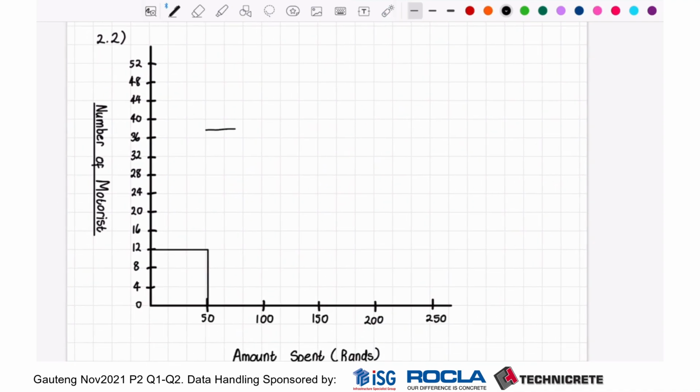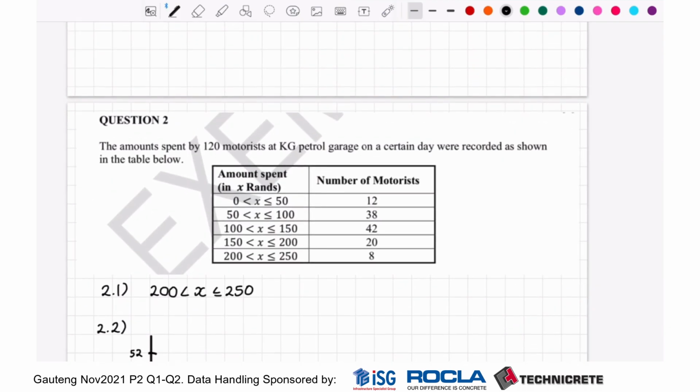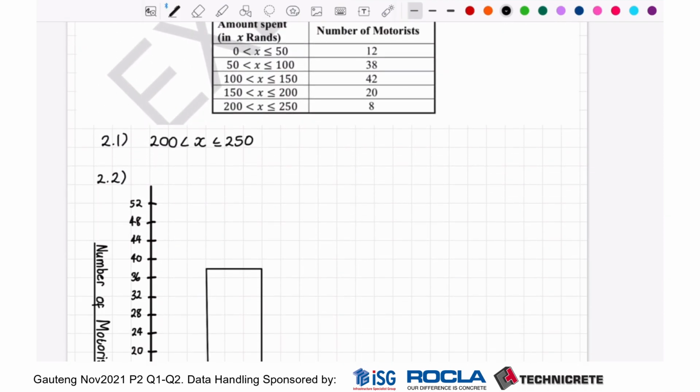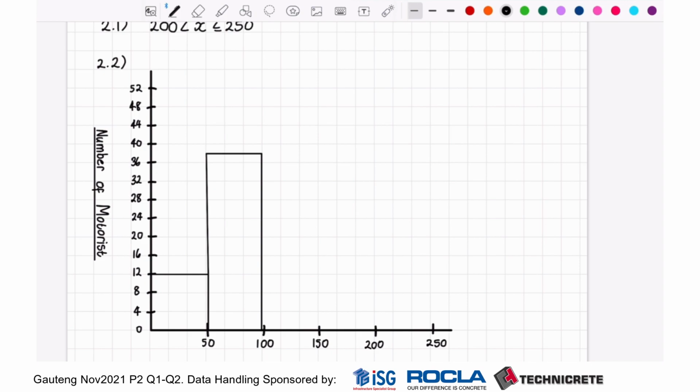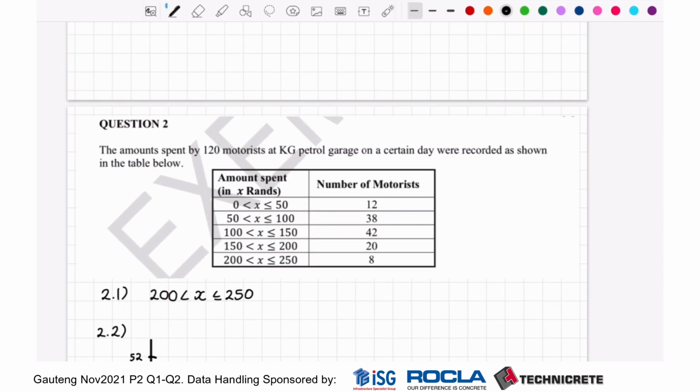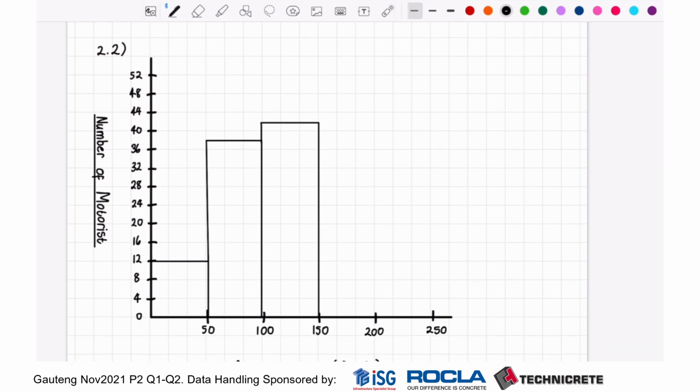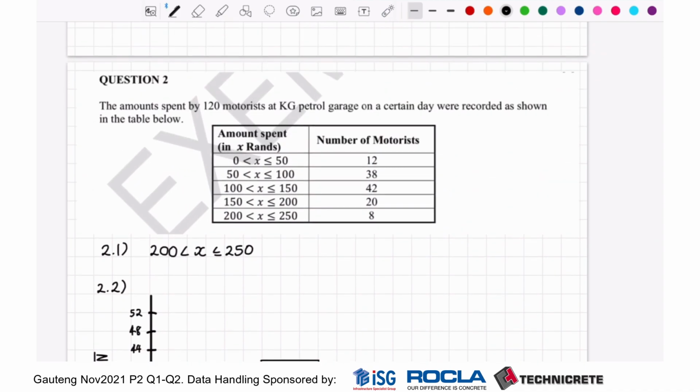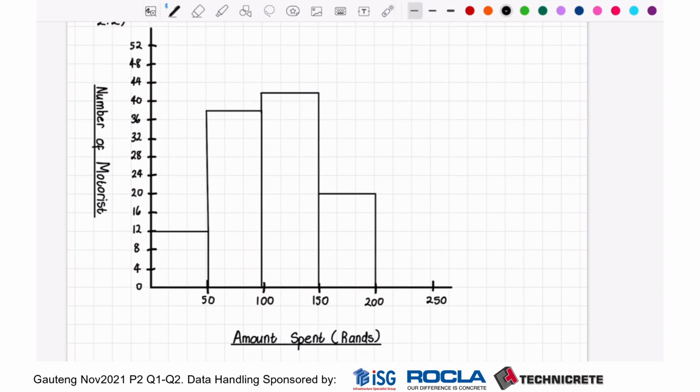That's about there. For the 100 to 150, I have 42. That's about there. And then 20 for the next. And 8 for the last.